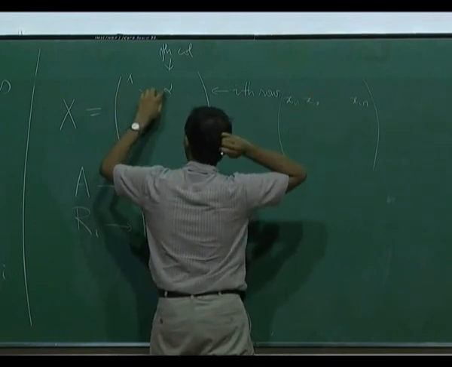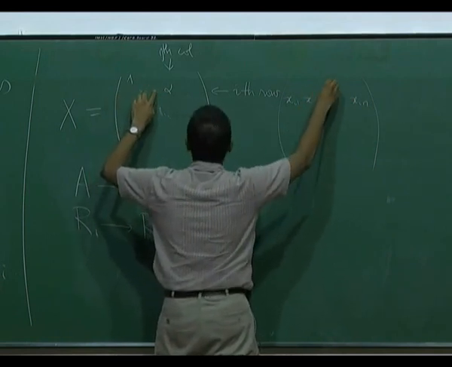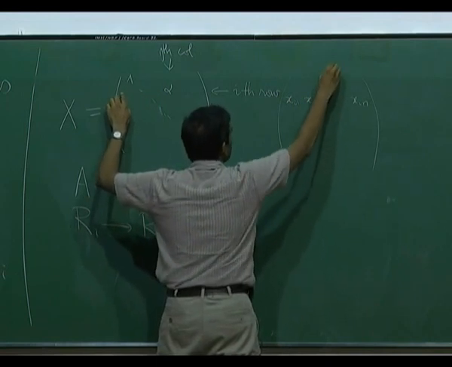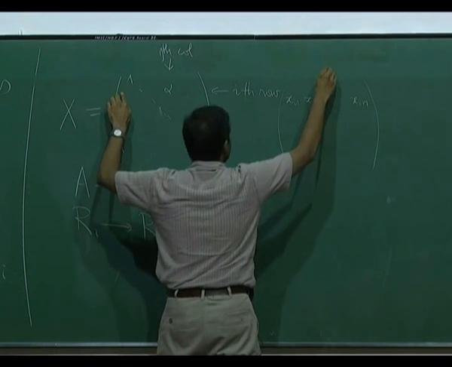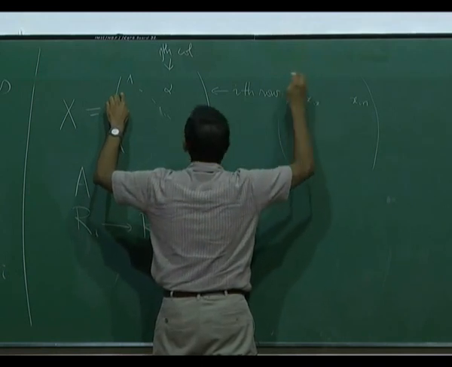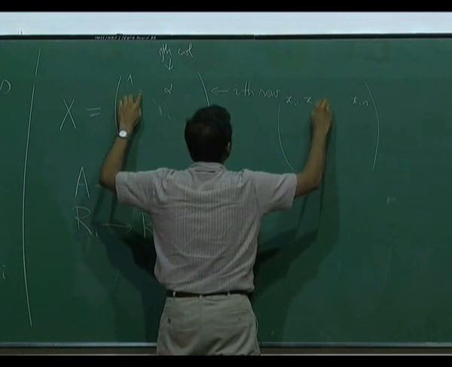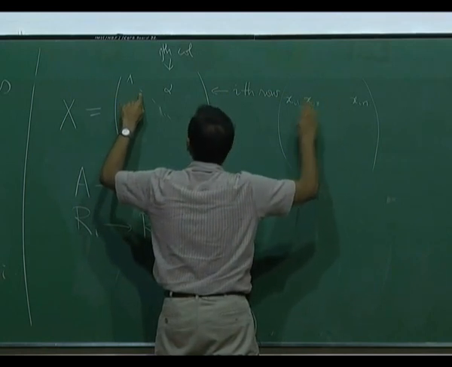Oh, sorry, that's not right. So when I'm looking at the jth column, when I do it, I'll get xii.